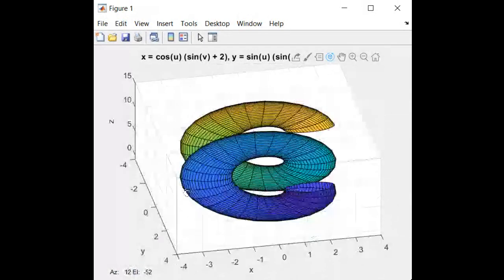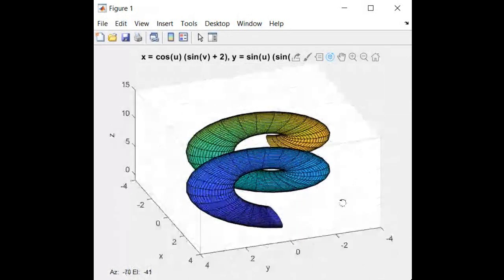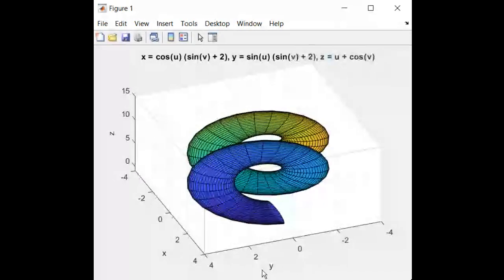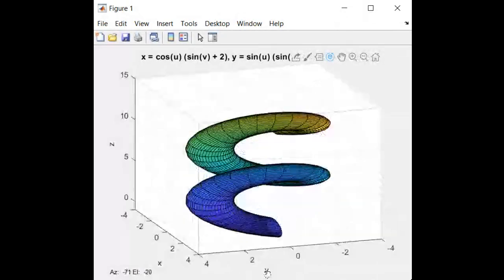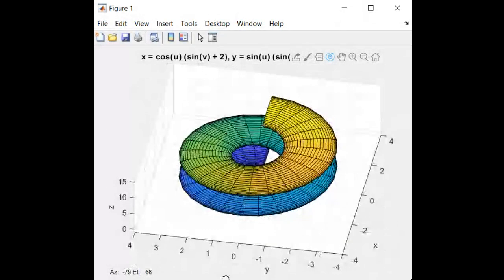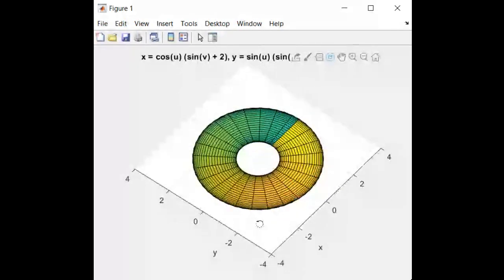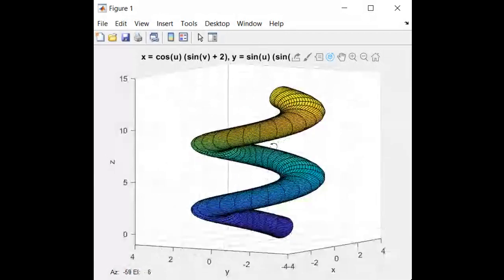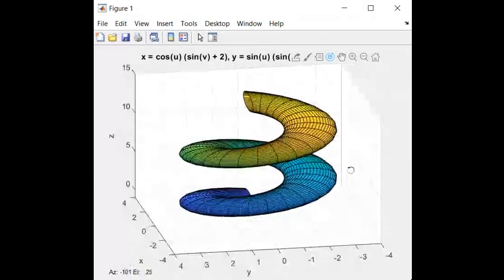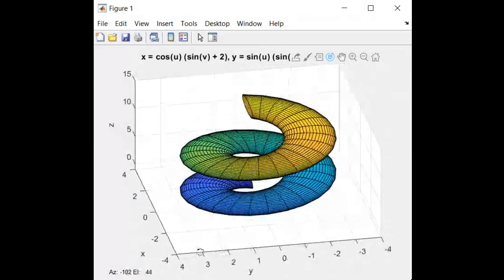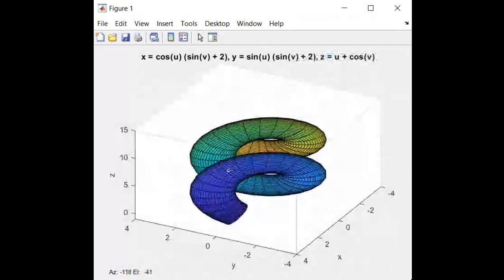I was hoping I could get the axes to be like what we see in the book, but it just takes time to work through. But you get the general idea here.